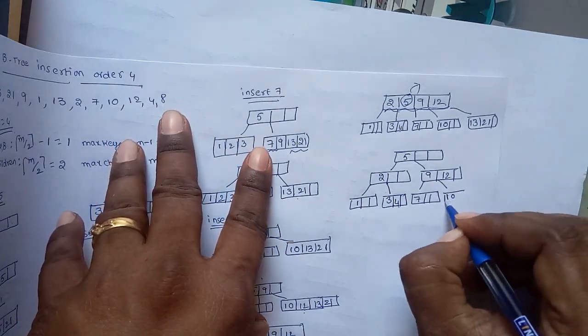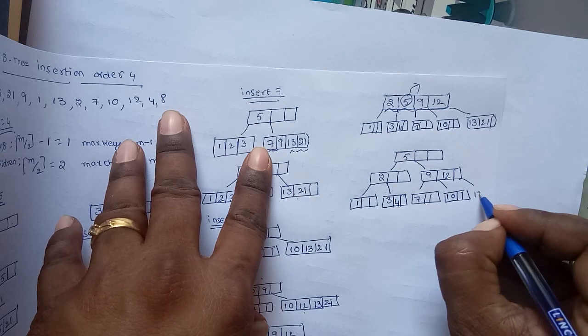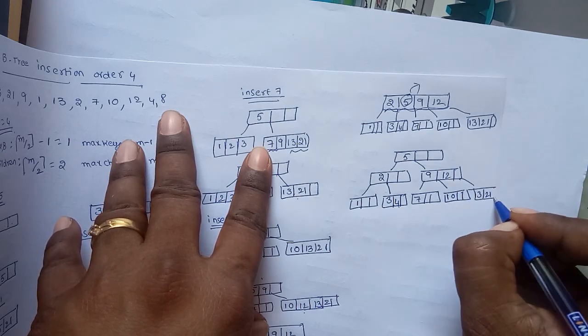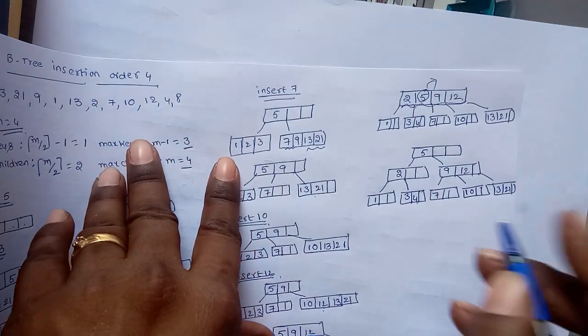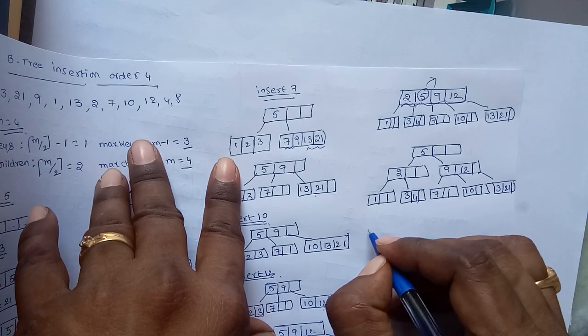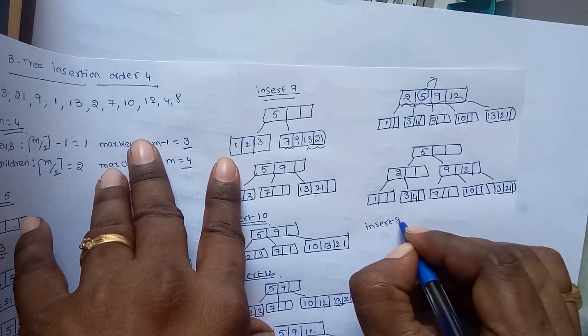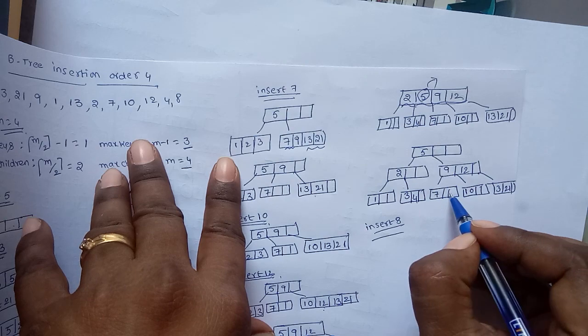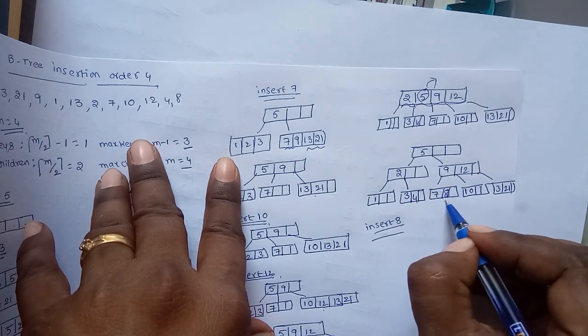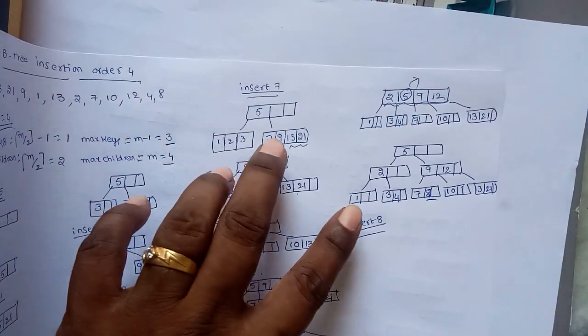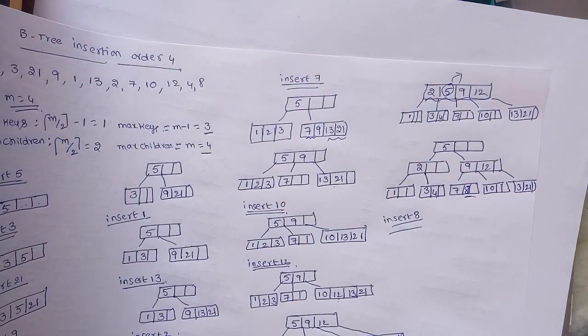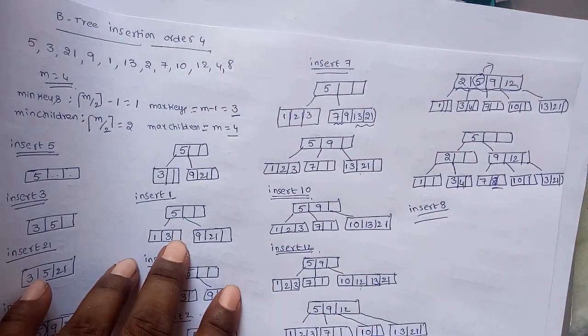Position of 10 is this one. And 12 is 13, 21. Okay, it's completed. And finally insert 8. The position of 8 is simply this one. This is the final B tree of order 4.